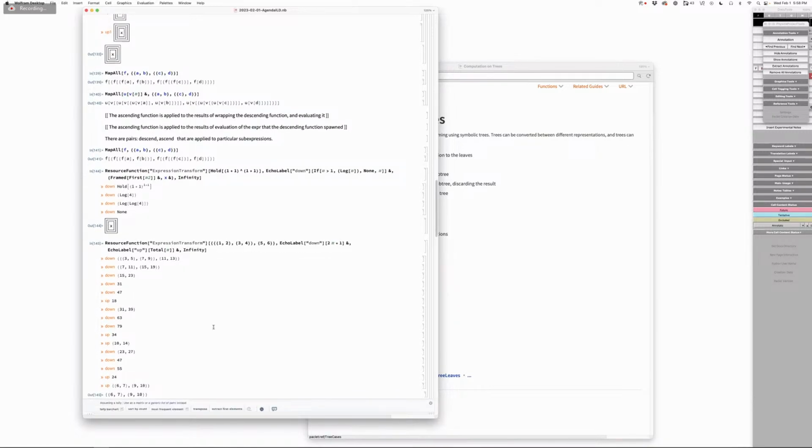Oh boy. Okay. Who understands this? The down is showing me the output, right? Yes. So down actually returns an array of the same depth as what it's given.